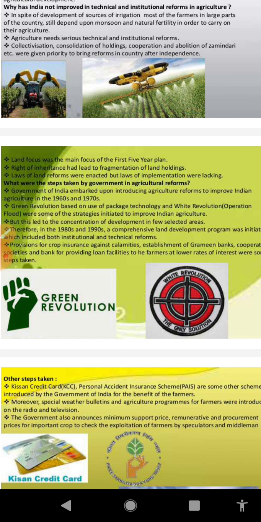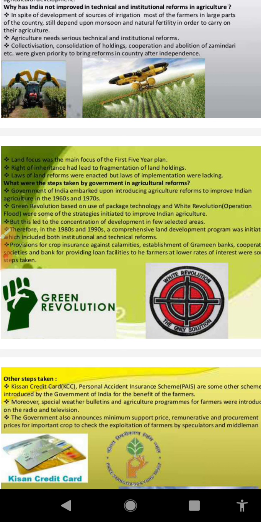Next, investment promotion schemes have also been put into operation so that funds are not directed towards non-productive purposes. Then the Kisan Credit Card and personal accident insurance schemes for the benefit of the farmers have been introduced by the government.